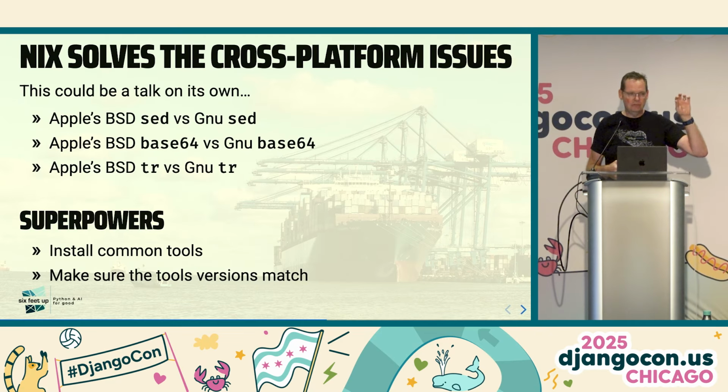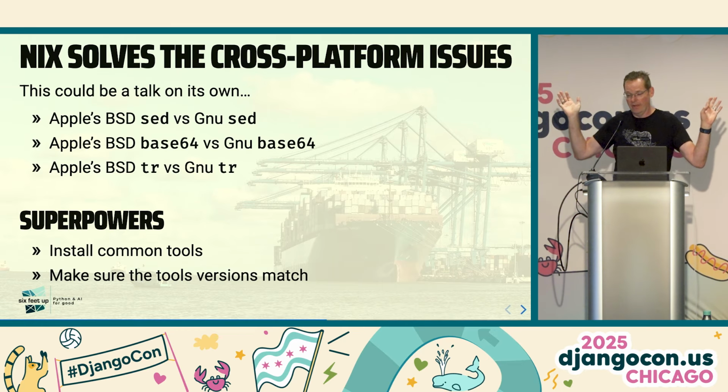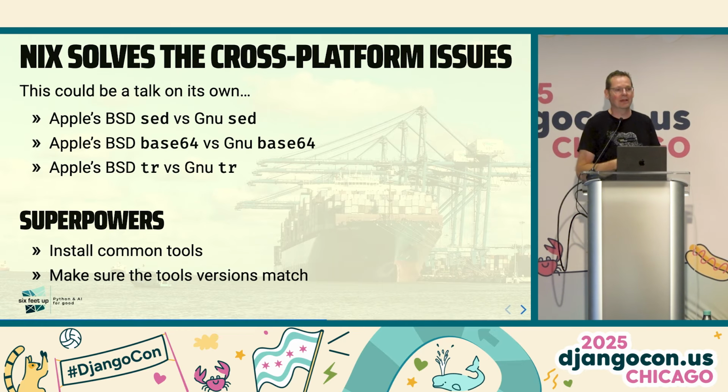Like, we want a specific version of sed in this project because maybe we're depending on some deprecated behavior, and maybe over in this project we can use the latest and greatest version of sed. It's a terrible example because sed doesn't move very fast, so I'm sure that hasn't happened. But I want to make sure that the binaries are compatible. I want to make sure I'm always using the GNU sed everywhere. I want to make sure I'm always using the GNU base64 everywhere, no matter whether I'm on a Mac or on Linux. And that's what this basically does.